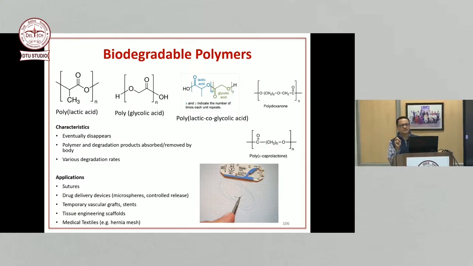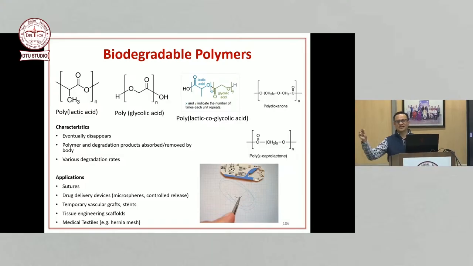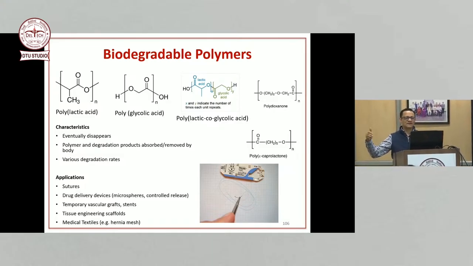So this PLGA material can degrade so fast or it can degrade very slow. So let's say you are making a suture and you want it to degrade in 6 months, you can design that material. If for some reason you want very fast drug delivery to happen in a week or two, you can design that PLGA material.